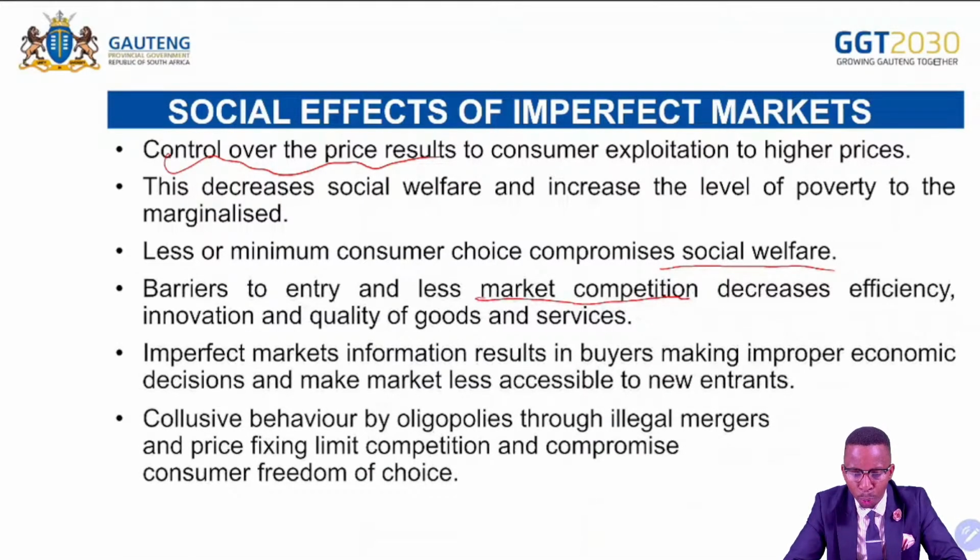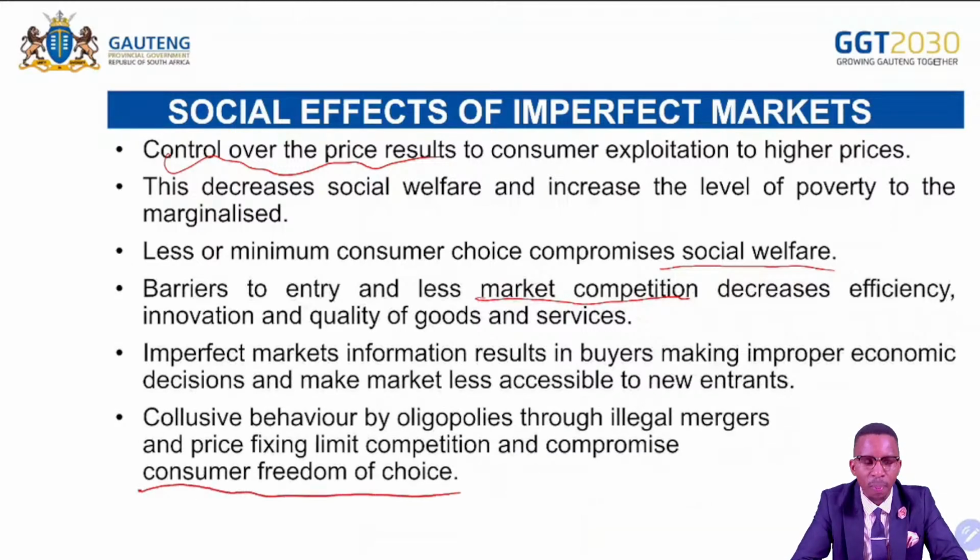Collusive behavior by oligopolies through illegal measures and price fixing limits competition and compromises consumer freedom of choice. If firms under oligopoly are involved in collusion, that limits consumer choice. Consumers find themselves without any choice because firms, after fixing the price, sell the product at the same price, so the consumer finds no difference between going to one supplier or another.